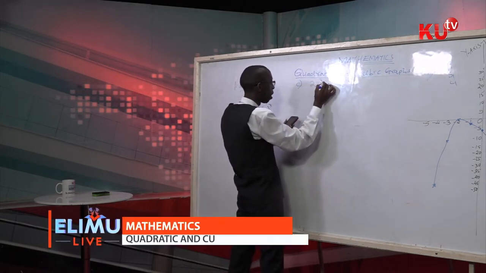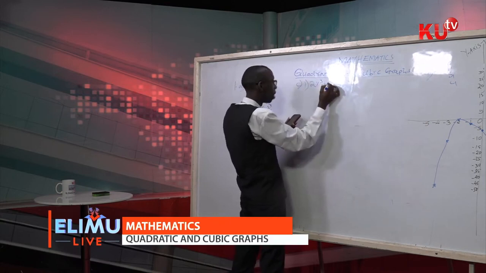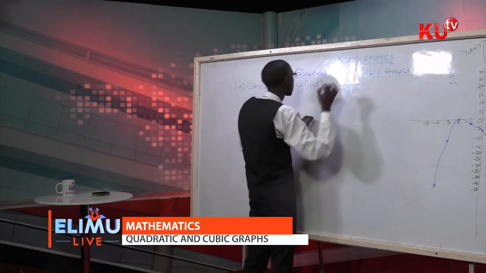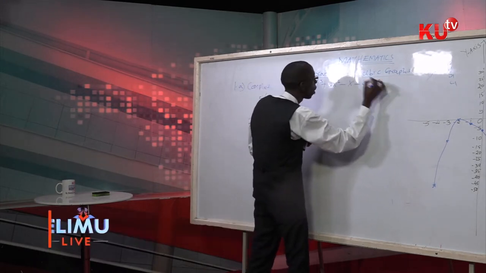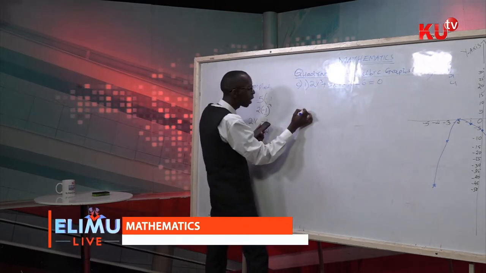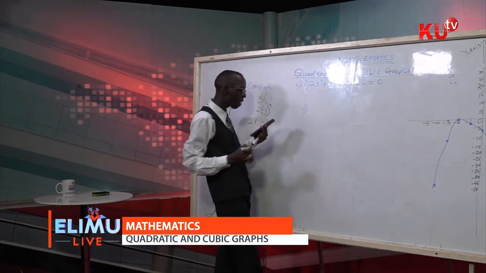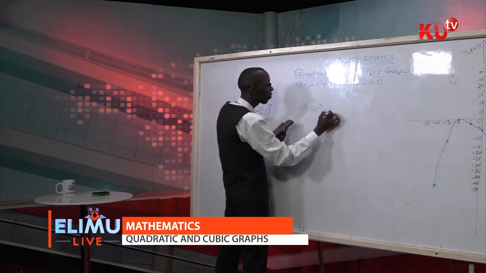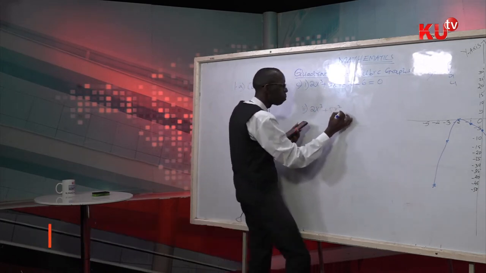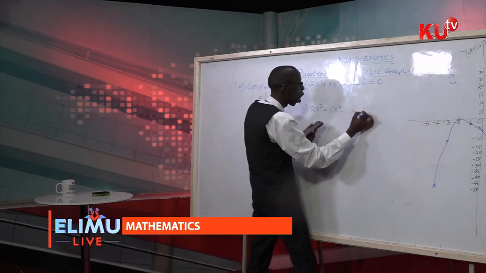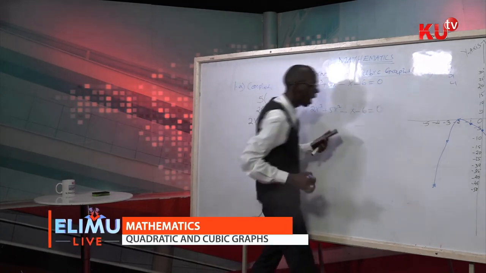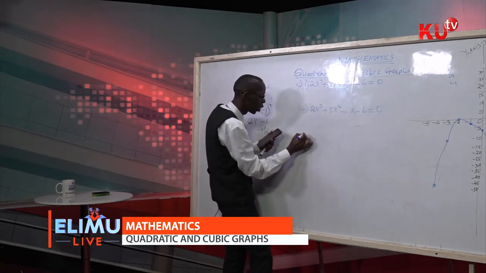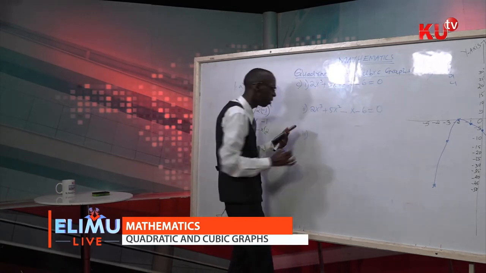Use the graph to solve the equation 2x cubed plus 5x squared minus x minus 6 is equal to 0. That is Roman 1. Roman 2, you are using the graph to solve the equation 2x cubed plus 5x squared minus x minus 4 is equal to 0.